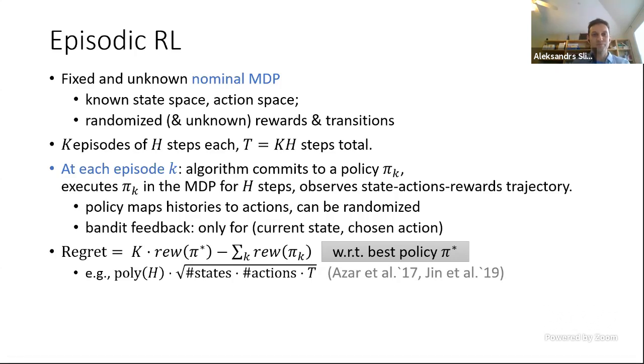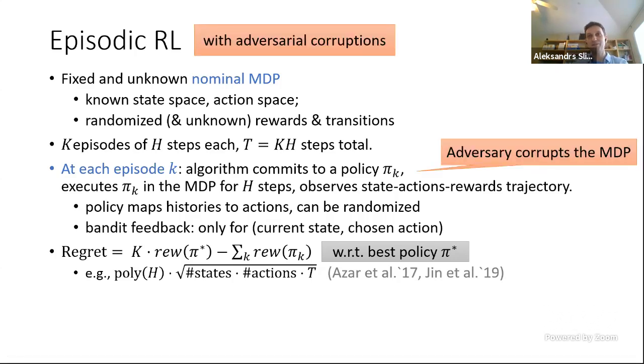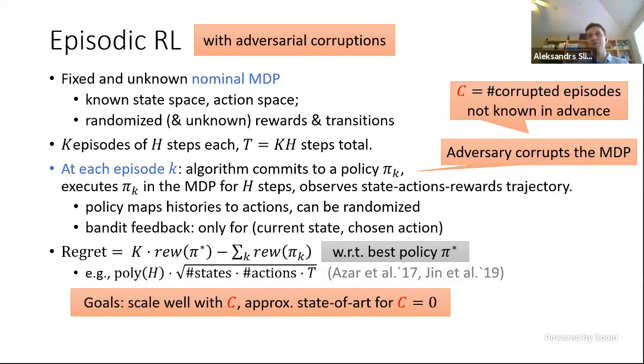Now, adversarial corruptions come in in an easy way. Before each episode, an adversary can come in and corrupt it in an arbitrary way. Now, the number of corrupted episodes is not known in advance. We denote it C throughout.